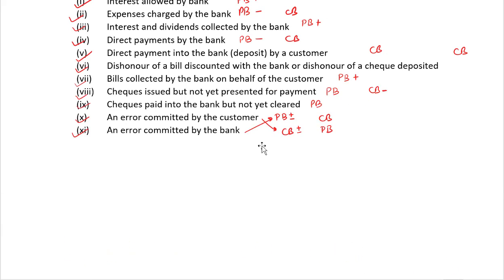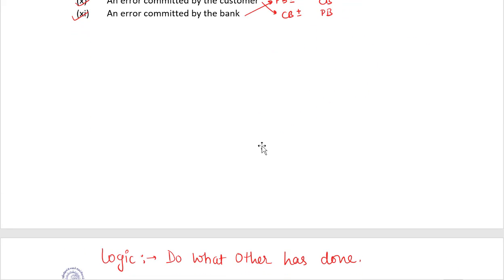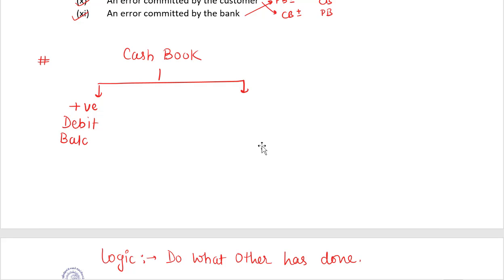Okay. Just record a small thing somewhere in your notebook. Cash book. The positive balance in the cash book is known as debit balance and the negative balance in the cash book is known as credit balance.